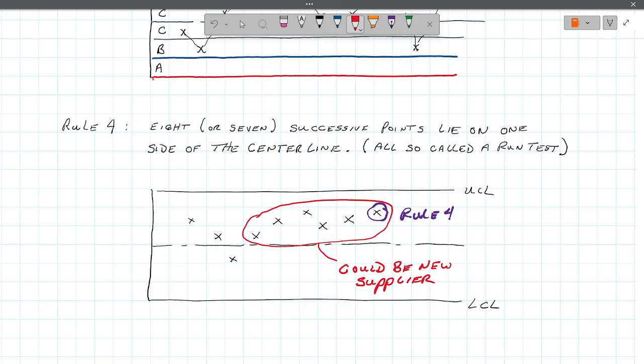That was only 6 points. Oh, did I miss one? 1, 2, 3, 4, 5, 6, 7. I did miss one. Where did I miss it? Oh, right there. Sorry.